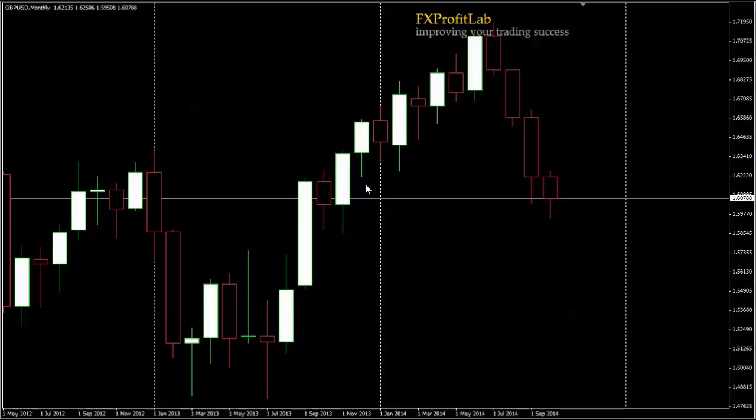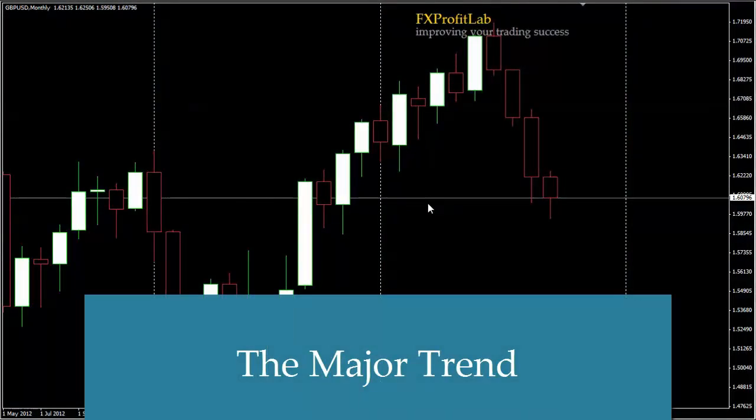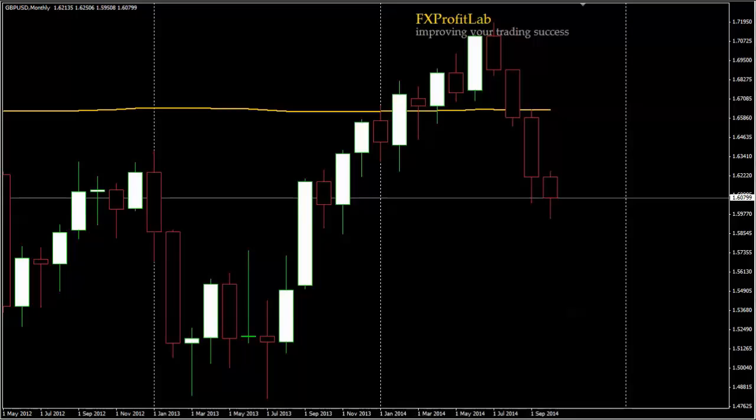And one way of also making sense of it is to put things called moving averages onto the chart. So I've just put a moving average onto this chart, and this is a 200 period moving average. If you listen to the commentators on the news forecasts and things like that, you will often hear people say it has hit the 200 moving average, and they think that is absolutely significant, crucial, and all the rest of it.